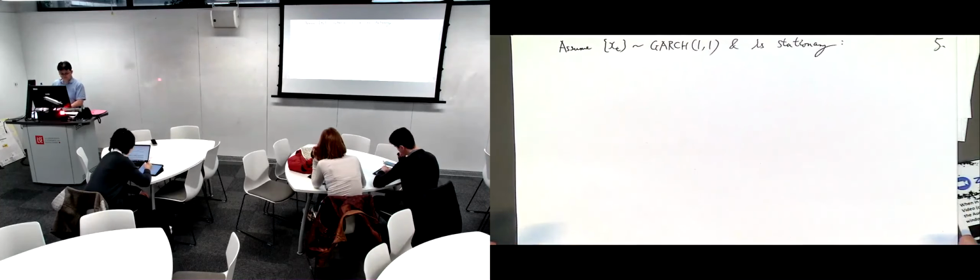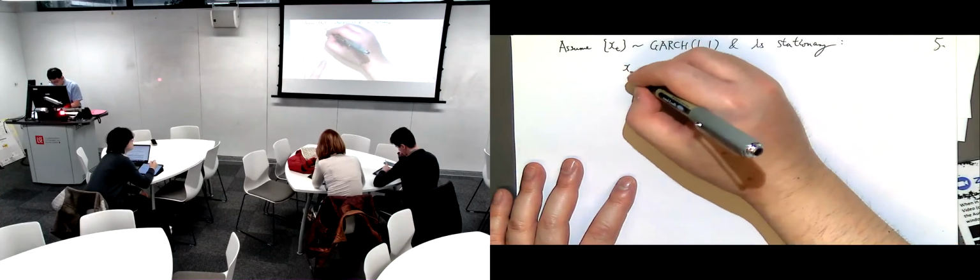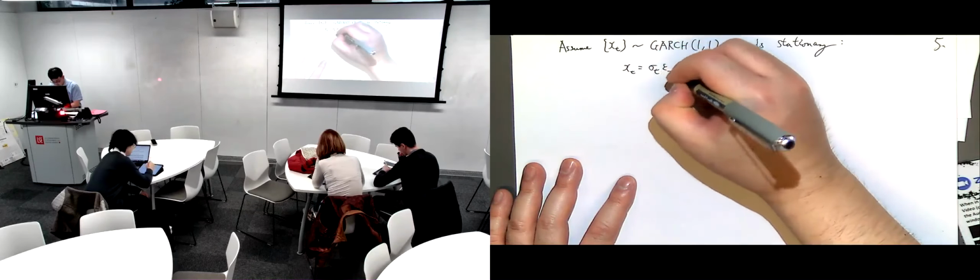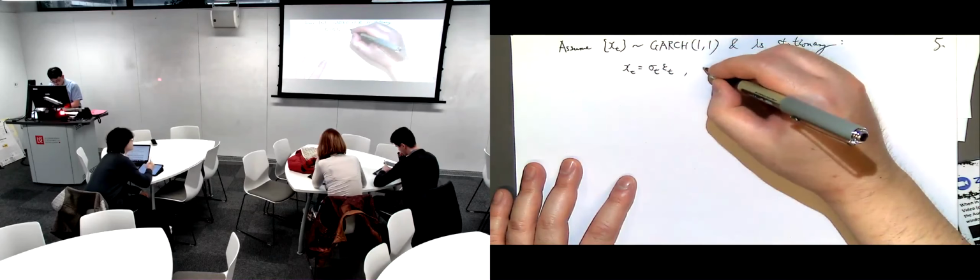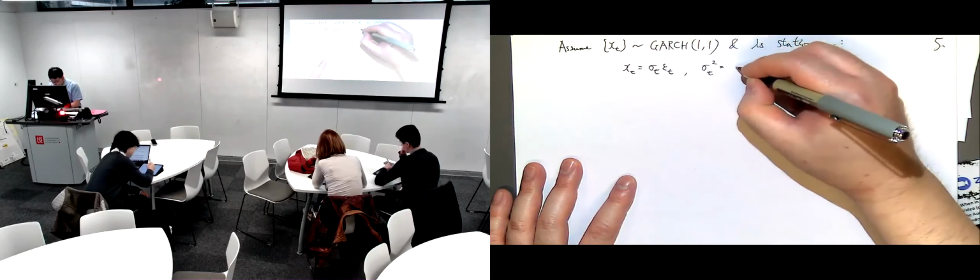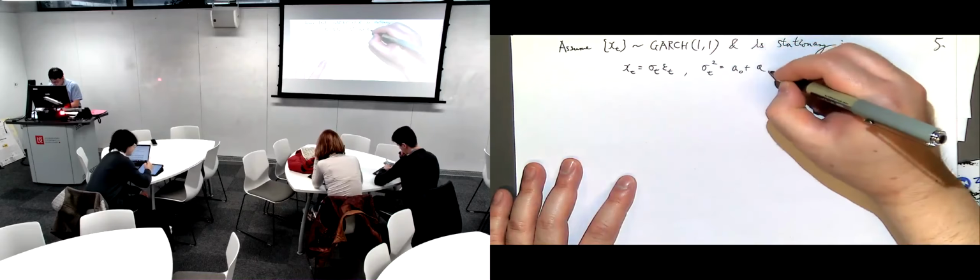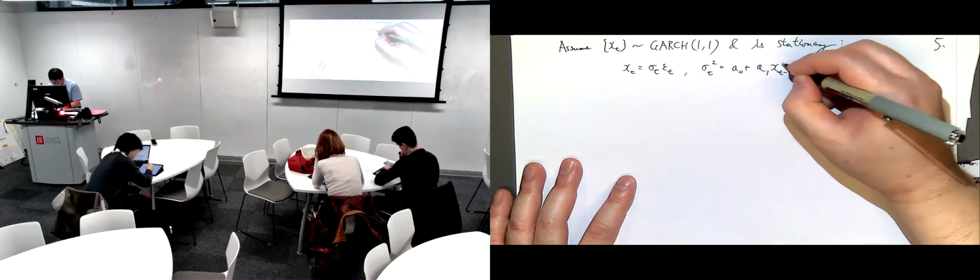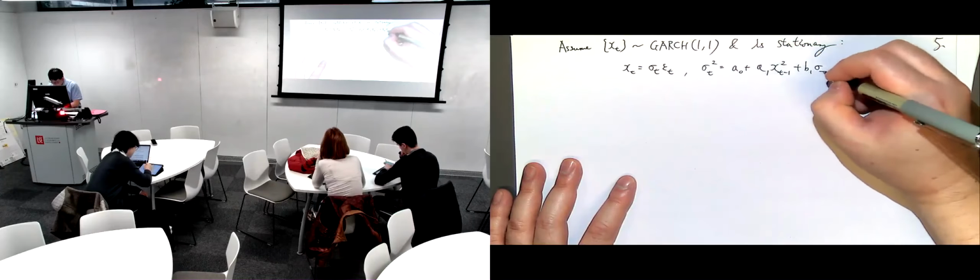We have Xt is sigma t epsilon t, and your sigma t squared is this GARCH(1,1) equation. Let me do this a little bit quicker to show you a little bit more, okay?